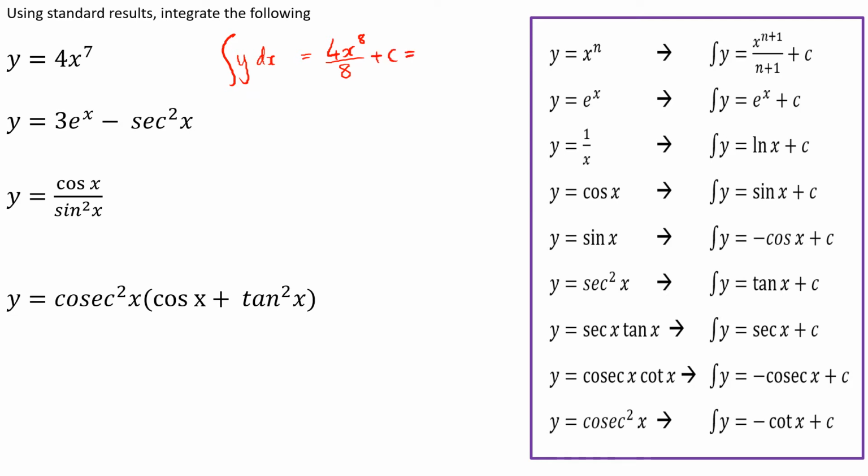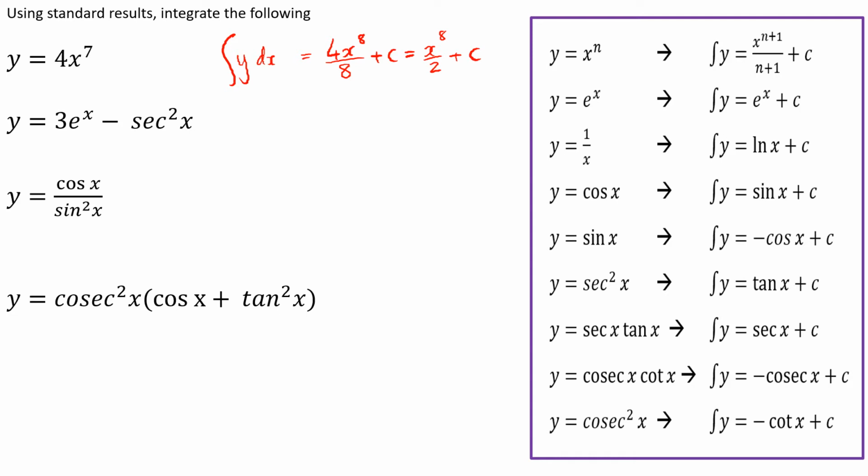Now we could, I suppose, simplify that to x to the 8 over 2 plus c if we really wanted. Numbers like 4 at the front don't have any bearing on the integral. The integral of 4x to the 7 is 4 times the integral of x to the 7. You can split them apart, no problems, and that's the only thing you can split apart like that.